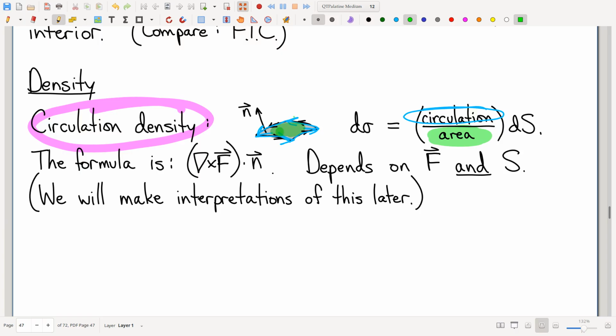Here the stuff is circulation, and the size is area, because we're looking at a surface. So stuff per unit size, and that's exactly what we mean by circulation density. It's the thing that you multiply by area to get stuff. That's what density is.